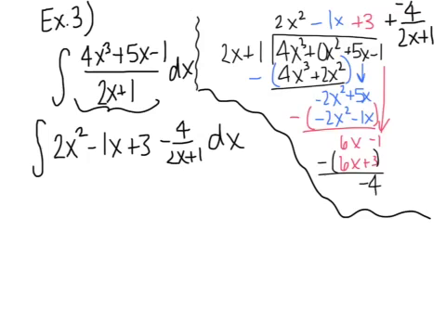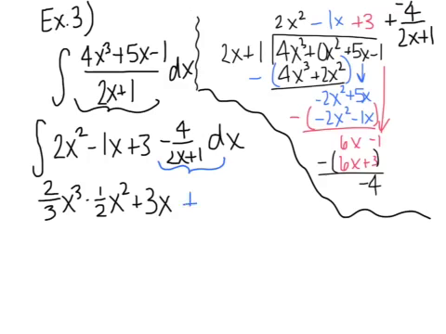Because 2x squared we know how to take the antiderivative of. That's going to be 2/3 x cubed. And x we know how to take the antiderivative, 1/2 x squared. And 3 we know how to take the antiderivative, 3x. And this guy right here, we know how to take his antiderivative as well. We just need to use a u.